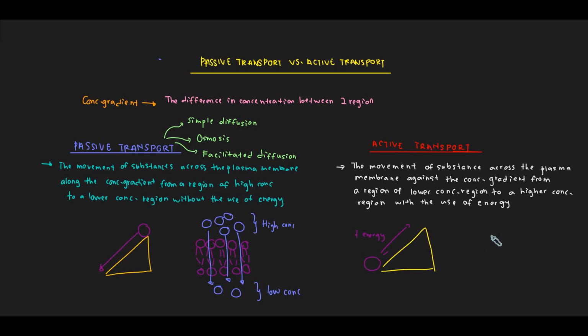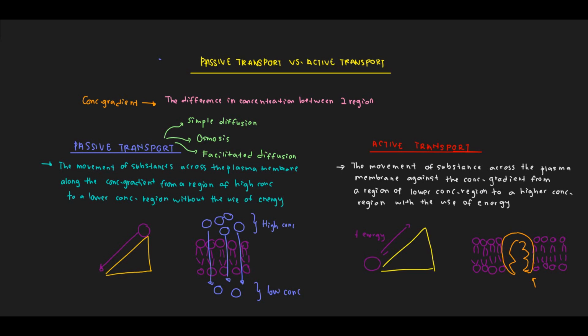Let's say I draw the phospholipid bilayer again. Usually active transport requires a carrier protein, meaning that it is facilitated by other proteins. It cannot happen through the phospholipid bilayer itself. So I'll draw the phospholipid bilayer and also a carrier protein. This, for example, is a sodium potassium pump, which I drew over here, and this is a carrier protein.